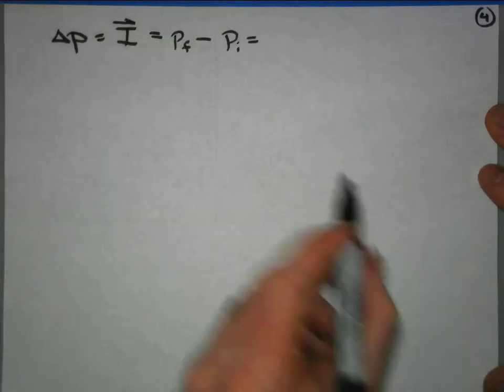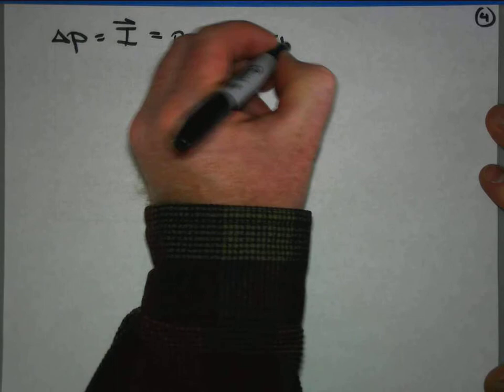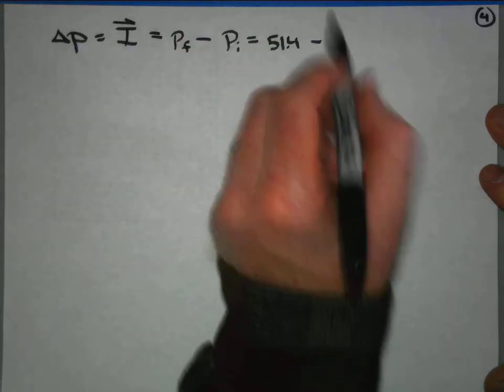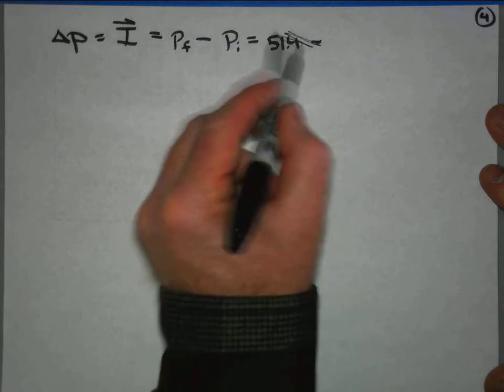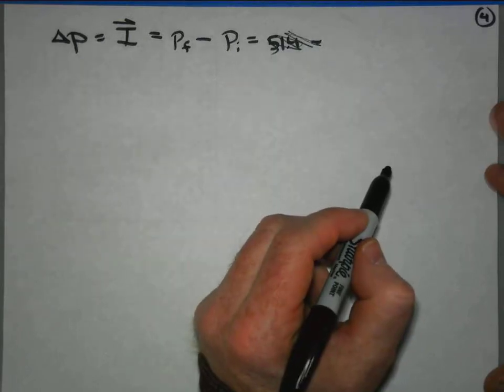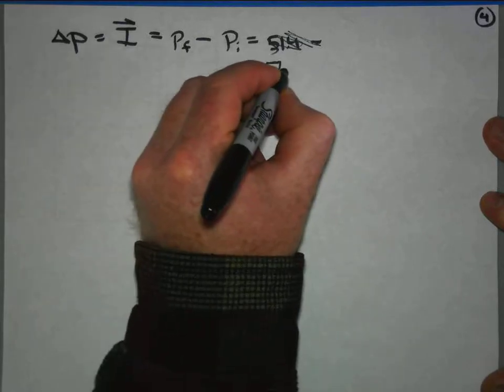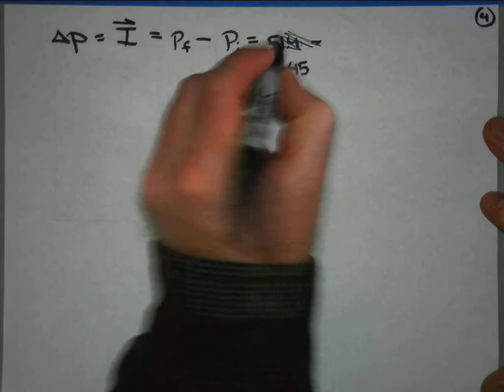And those values were 51.4 minus our initial was, oh shoot, sorry about that. Looking at the wrong value. That was velocity. Our final momentum was 7.45.